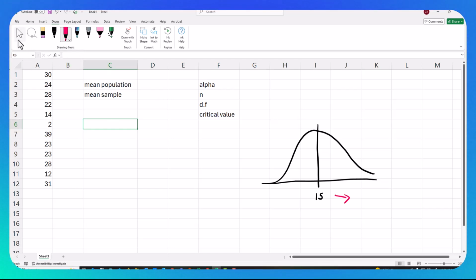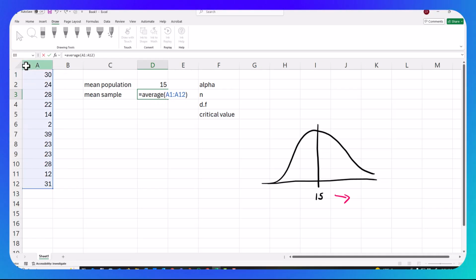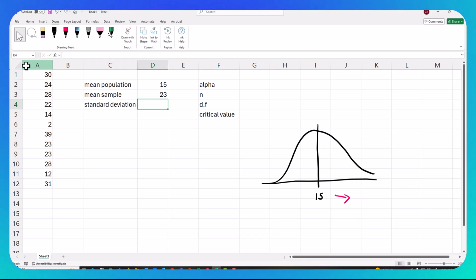So to get everything started, so the mean population he's saying is 15, I need to get the mean sample, which I can do with the average formula. So highlight those values. I also need the standard deviation, and I can do that with equals STDEV.